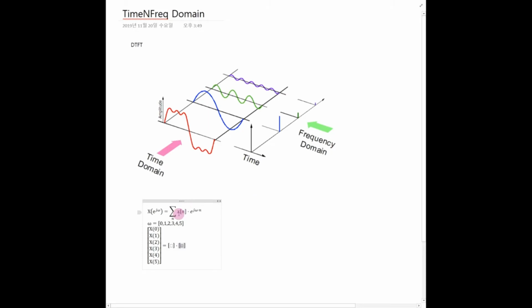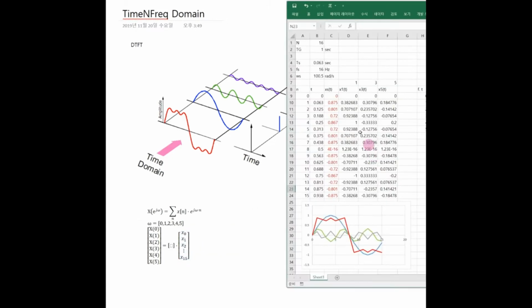I have x[n] like this: x0, x1, x2, up to x15. This is the data that I have.